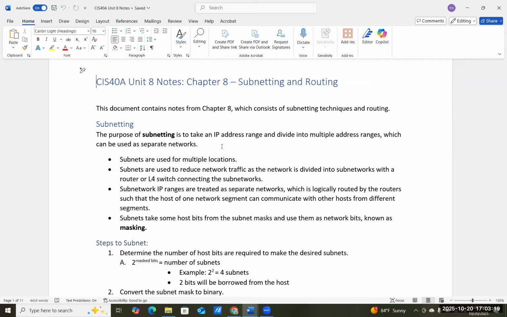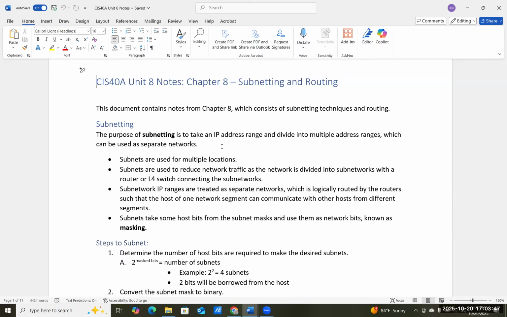We would borrow into the network bits, so that we would have a larger scale network. And this is why IPv4 mostly uses this, because IPv4 is limited to 32 bits versus IPv6, which is 128 bits. So in an enterprise environment, you might face the issue that you are running out of IP addresses in the class that you're using.